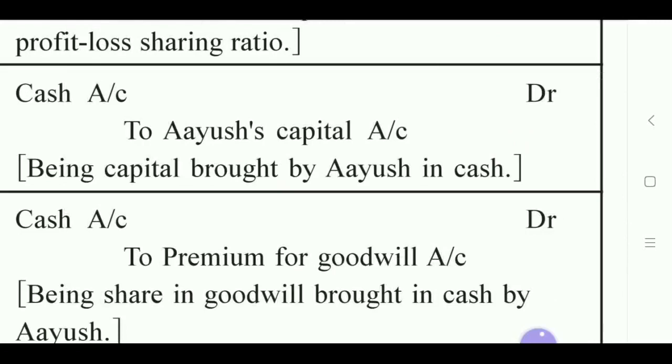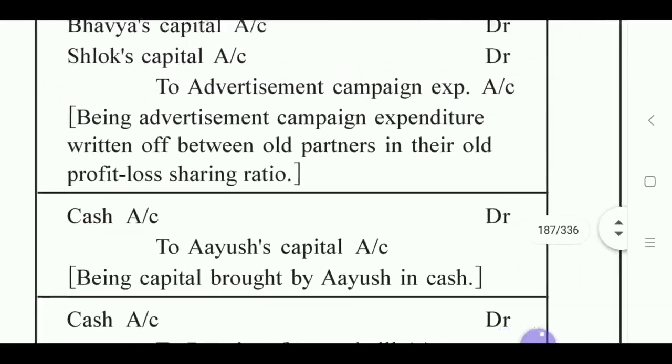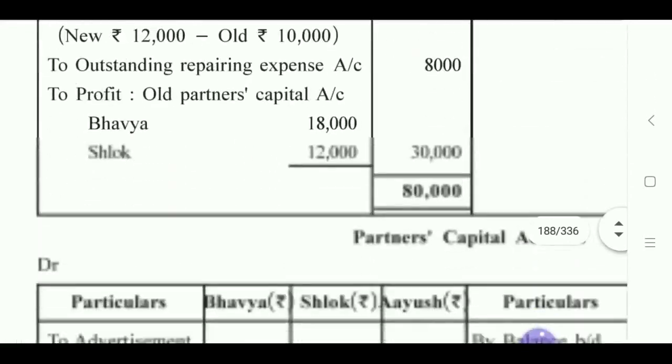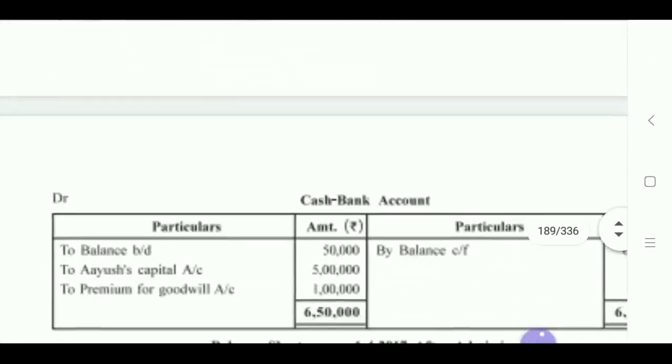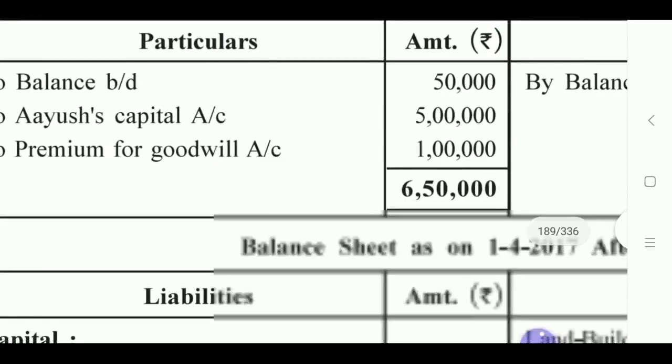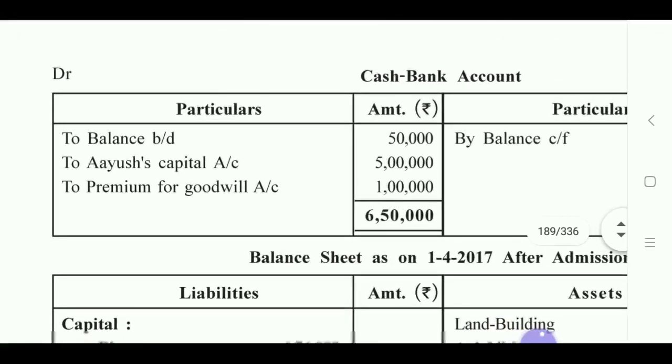Cash account debit to Ayush's capital account. We have both the accounts. Starting with the cash account, you can see we have cash account here. You can see the posting here, 5 lakh. Journal entry क्या थी हमारी? Cash account debit to Ayush capital account.